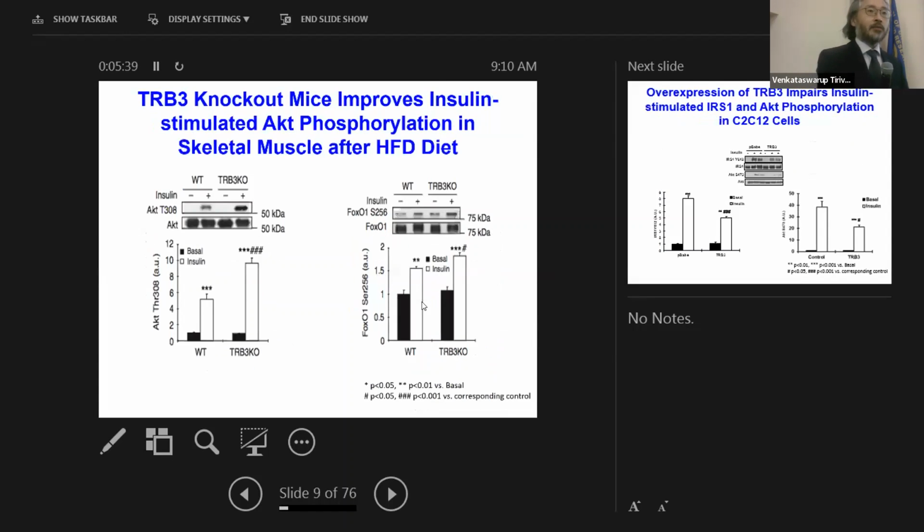We isolated muscles and incubated them plus or minus insulin, and we saw that the TRB3 knockout mice showed better AKT phosphorylation in response to insulin, as well as FOXO signaling, with increased FOXO phosphorylation, meaning inhibited FOXO activity.